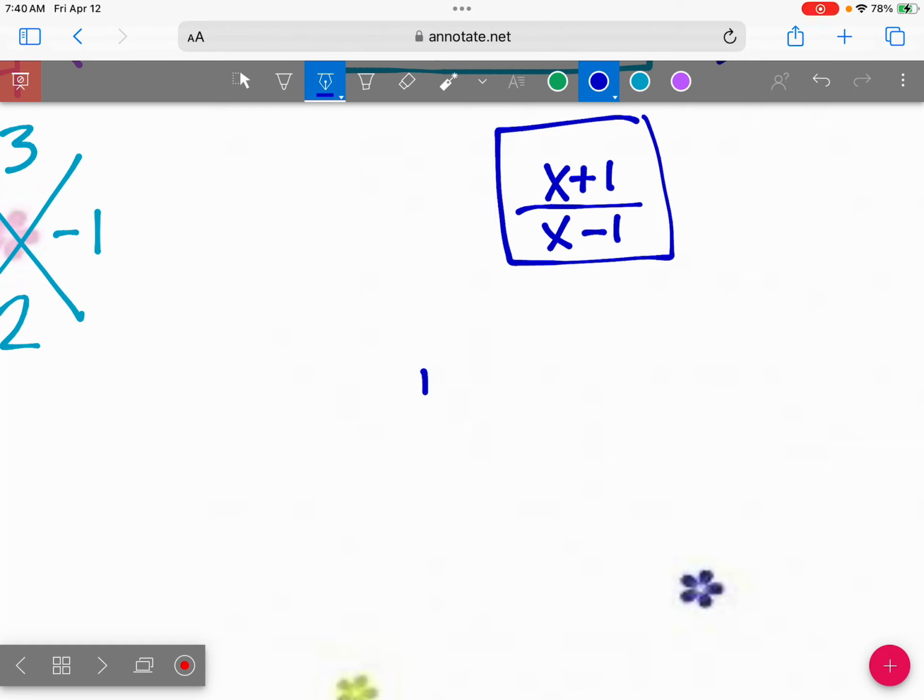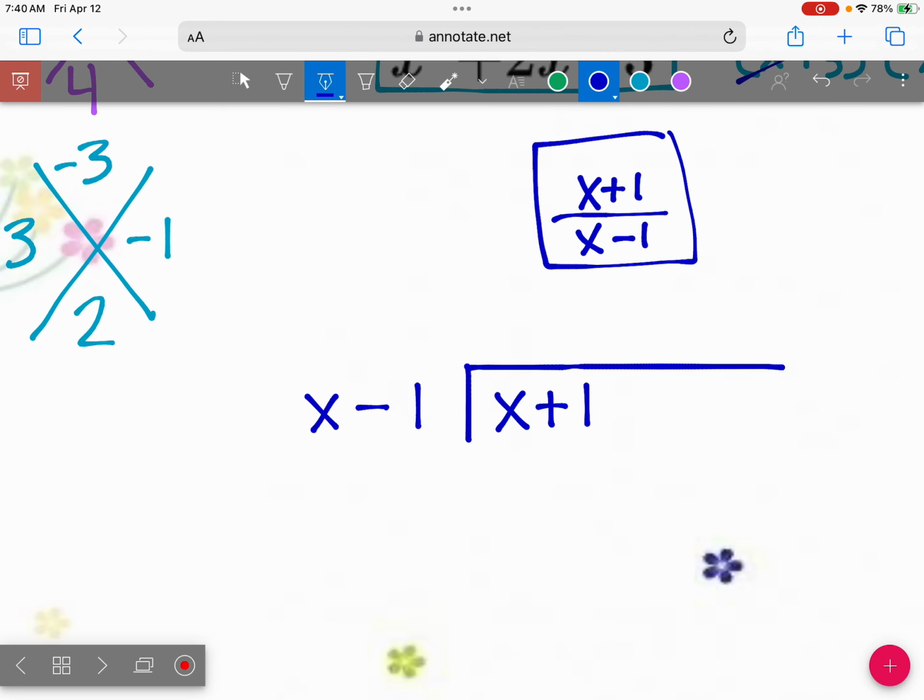So we're going to set this up as a long division, where we have our x plus 1 being divided by x minus 1. We do this just like the ones we did before, where I take my first term and we set them up as their own little baby division.